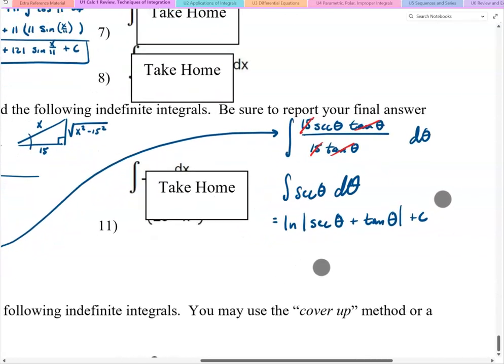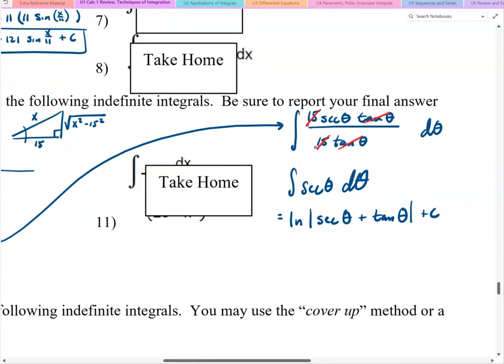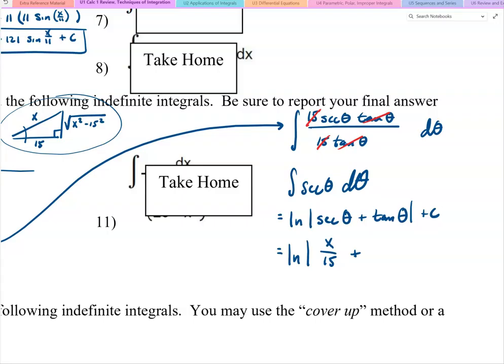And so if we return back to what we have here, we can note that the natural log of secant theta, we described secant theta as x over 15. Now tangent theta, using this triangle as reference, would require our opposite side length divided by the adjacent side length, which is root x squared minus 15 squared over 15.